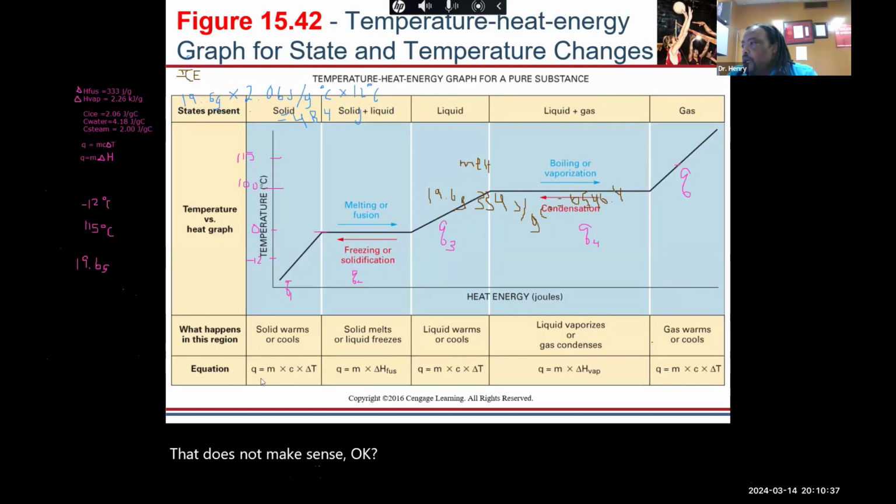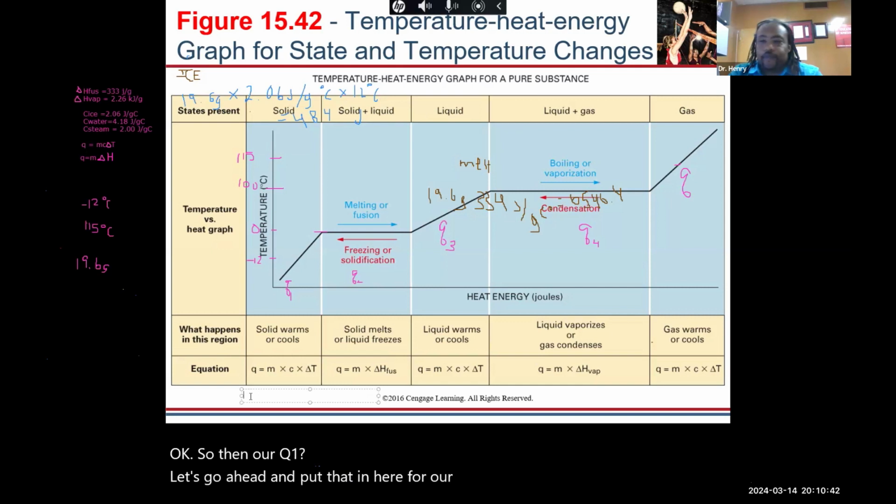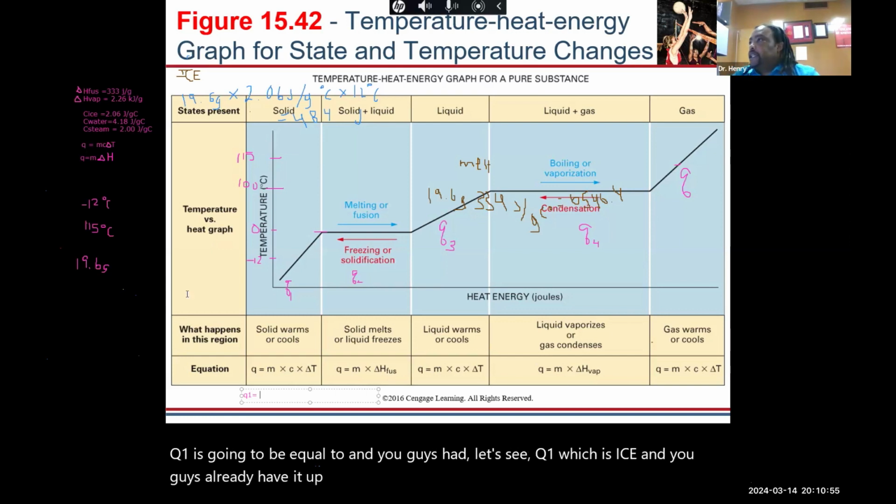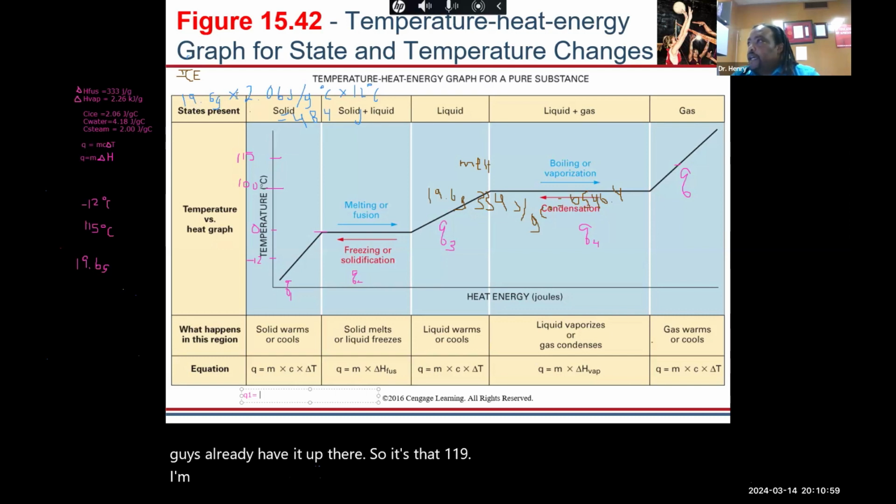Okay, so then our Q1, let's go ahead and put that in here. Q1 is going to be equal to, and you guys already have it up there. So it's 19.6 grams times 2.06 joules per gram degree Celsius.